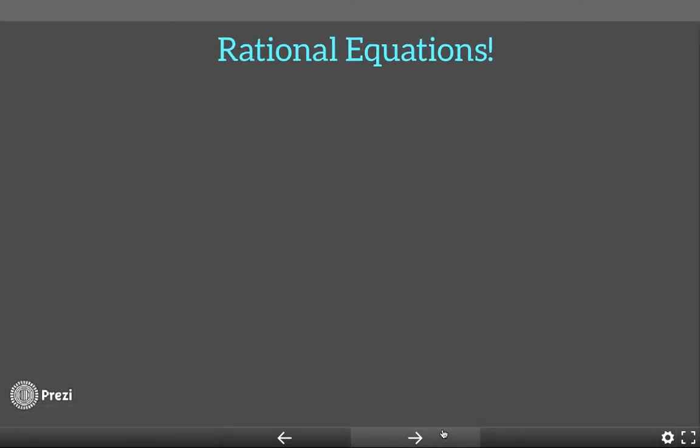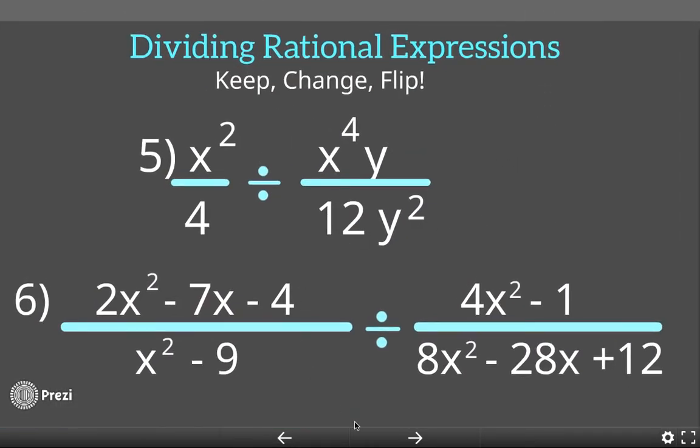Alright, you guys, the final phase of this section: we will be dealing with rational equations. In order for something to be an equation, it must have an equal sign, and all the stuff we've been dealing with has not had any equal signs. That doesn't have an equal sign.